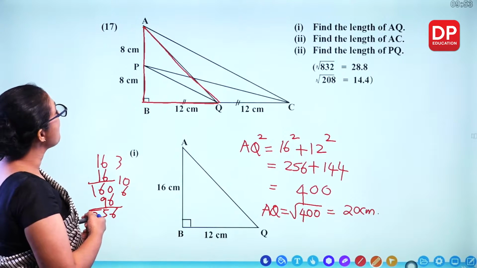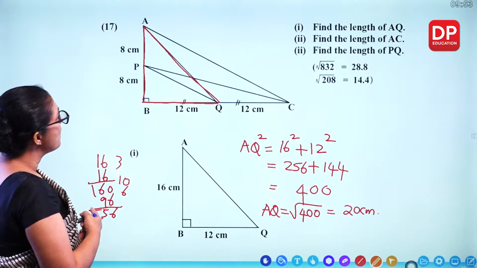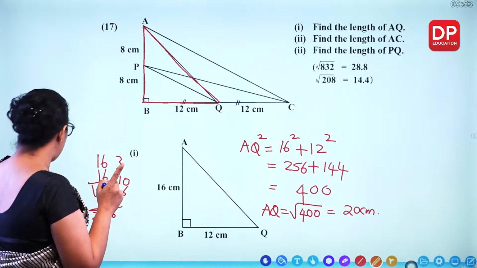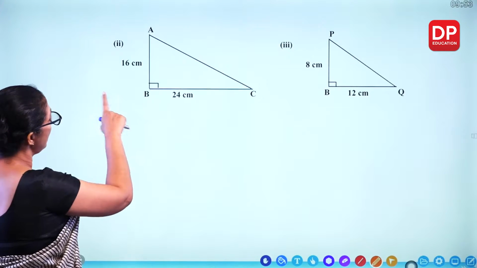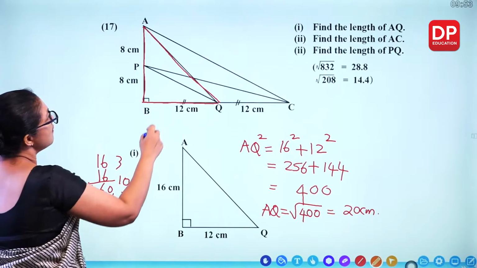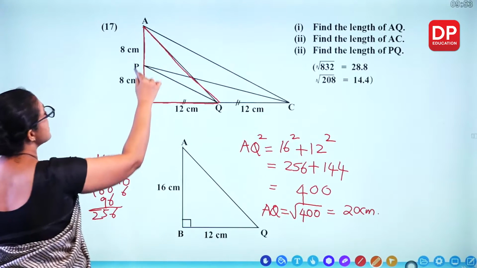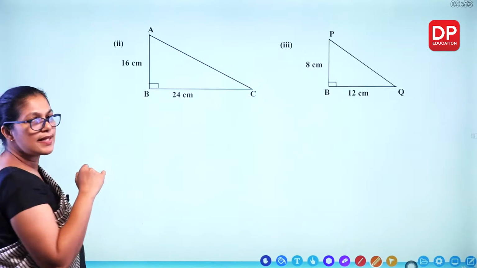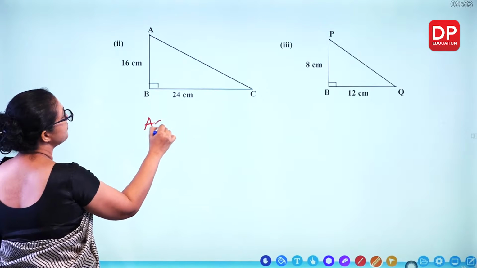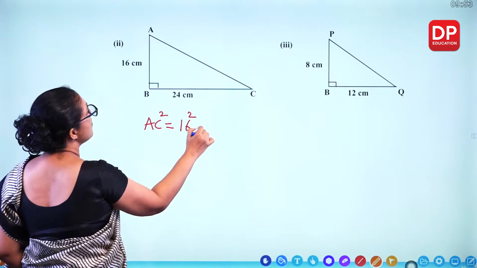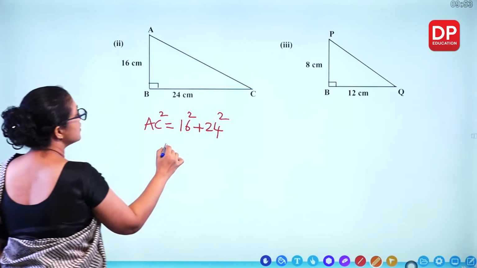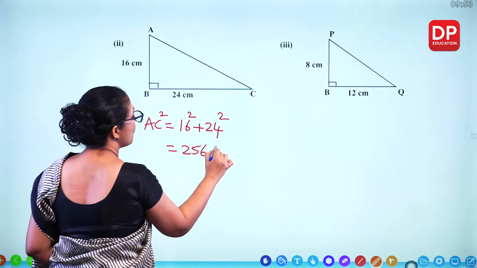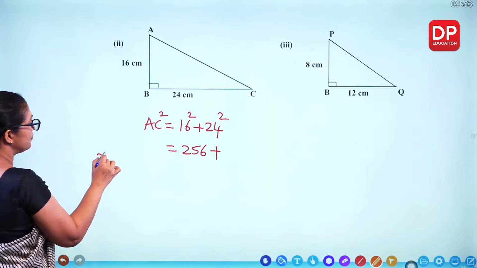Now AC. We'll take it in the other slide. Find AC. Now AC is this one. Look carefully whether it's correct. AC, this is 16 and 12 and 12, 24. So 24 and 16 now. So what is AC squared? 16 squared plus 24 squared. 16 times 16, 256 we found before. 24 times 24.